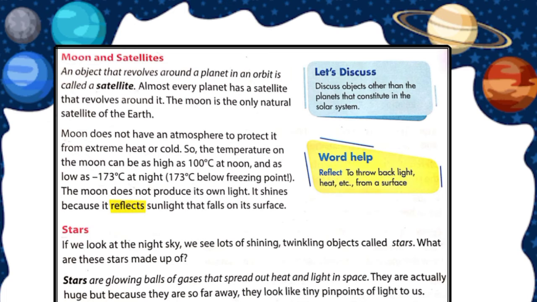And they are actually huge, but because they are so far away, they look like a tiny pinpoint of light to us. So, stars are huge glowing balls of gases, and the closest star to Earth is the Sun.